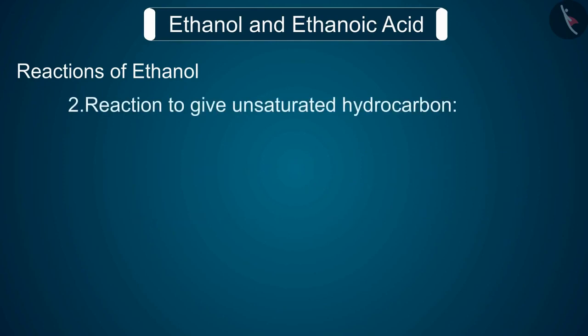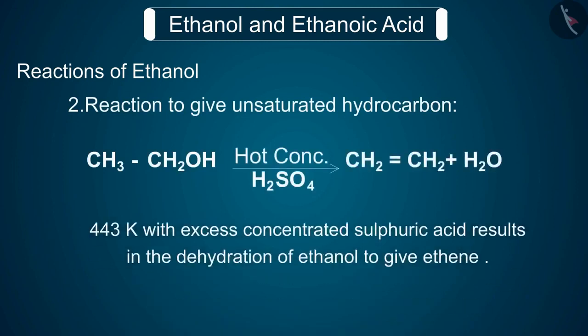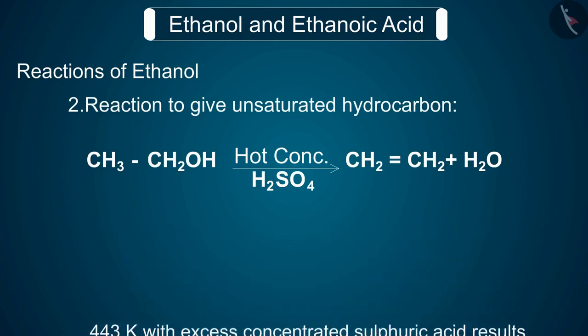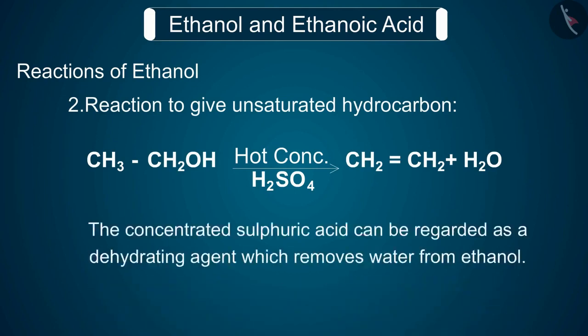Reaction to give unsaturated hydrocarbon. Heating ethanol at 443 K with excess concentrated sulfuric acid results in the dehydration of ethanol to give ethene. The concentrated sulfuric acid can be regarded as a dehydrating agent which removes water from ethanol.